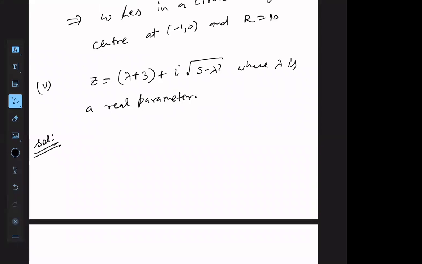If such type of equation comes, then what will you do?